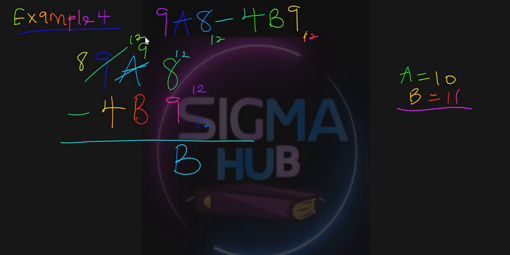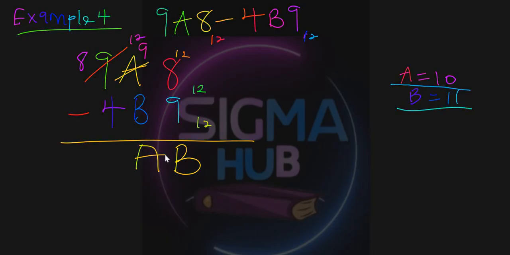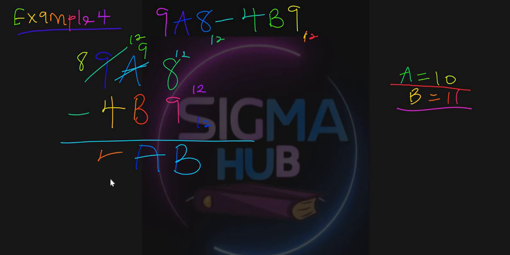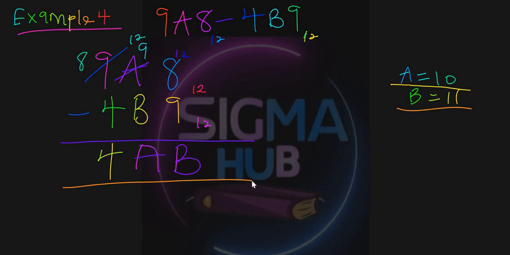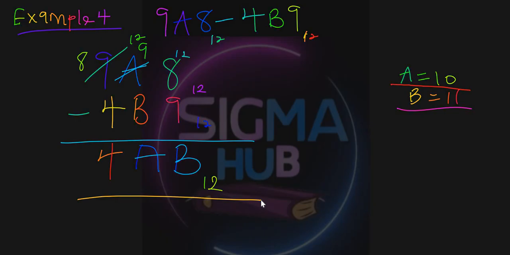I'll write A because A represents 10. We have A. Then we have 8 minus 4 to give 4. So the answer is 4AB in base 12.